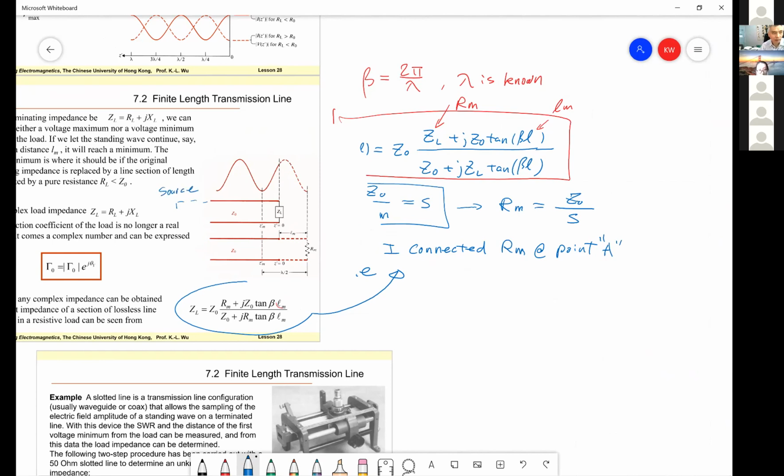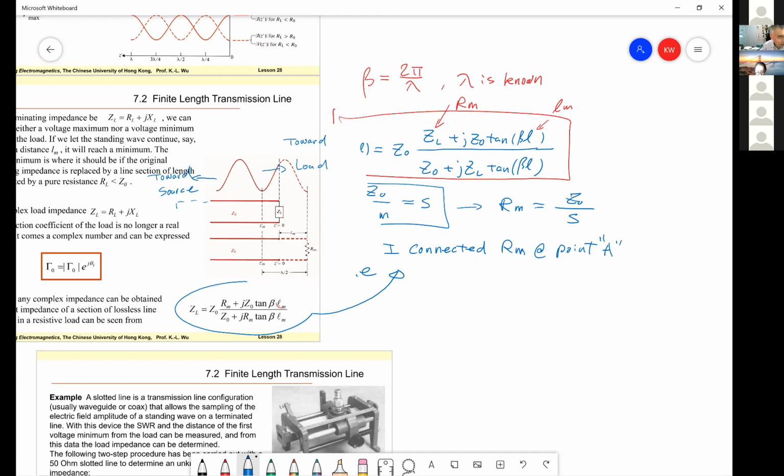Don't call it left and right. But here I call it left and right. This is toward the source. This side is toward the load. Okay, then the question is, sorry, I couldn't understand your question.